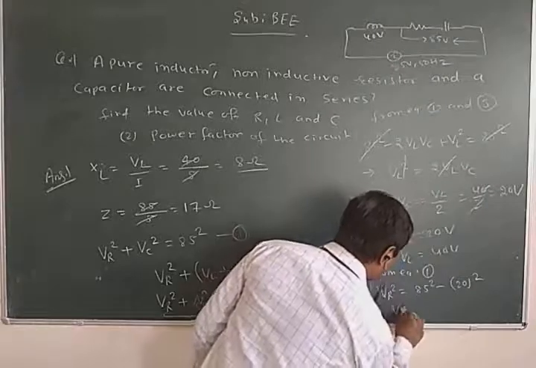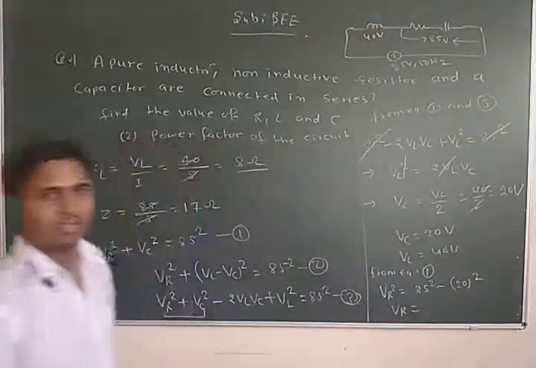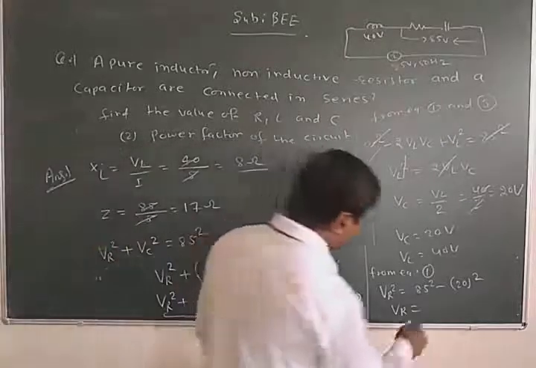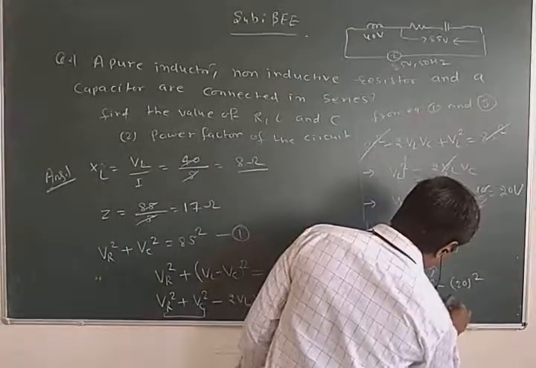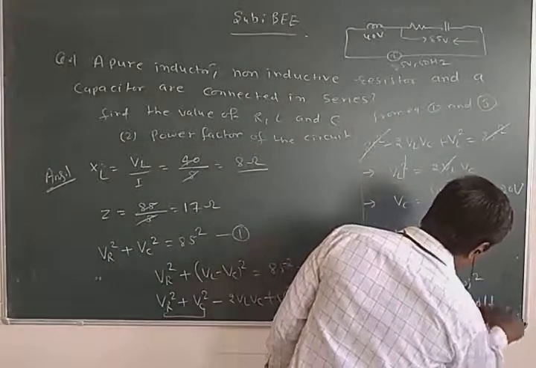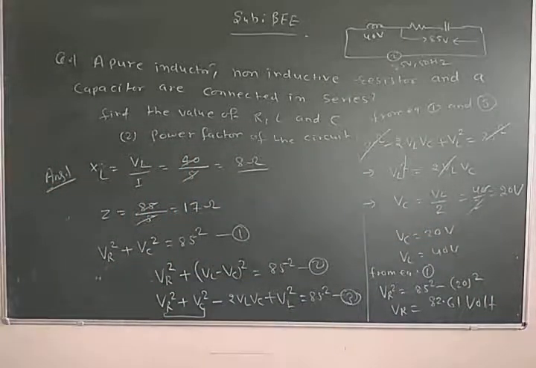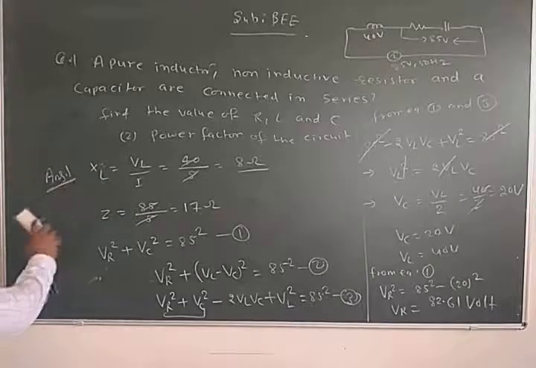So we obtain the value of VR as 82.61 volt. What is the value of VR? 82.61 volt. Now all parameters associated with voltage have been obtained.